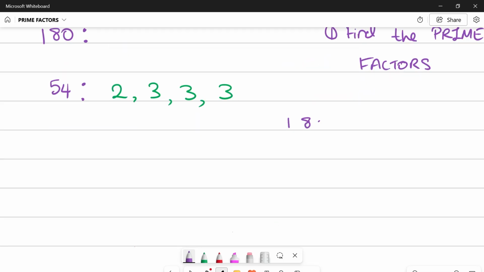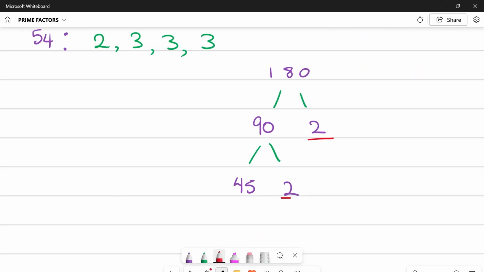Let's do 180 next. A pair of factors that multiply to give us 180 is 90 by 2. So right away we found a prime factor, 2, and we must continue breaking down 90. A pair of numbers that multiply to give us 90 are 45 multiplied by 2. 2 is a prime number, 45 is not, so we continue breaking down 45.